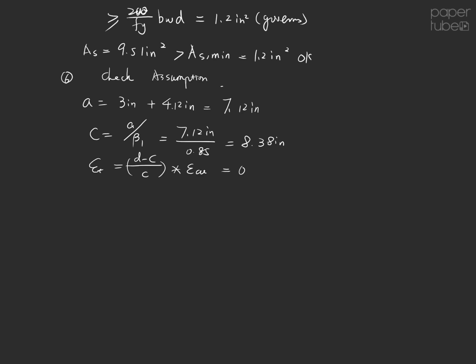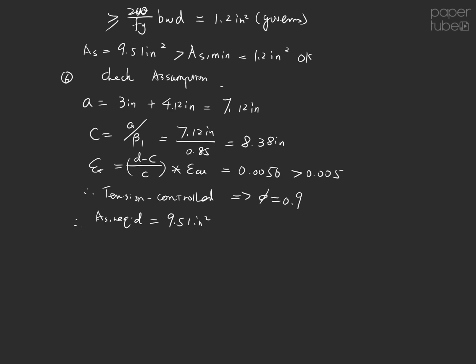And that is 0.0056, which is larger than 0.005. Therefore, it is a tension-controlled section. Therefore, your phi is equal to 0.9. Therefore, AS required is equal to 5.91 inches squared. Right? That is done.